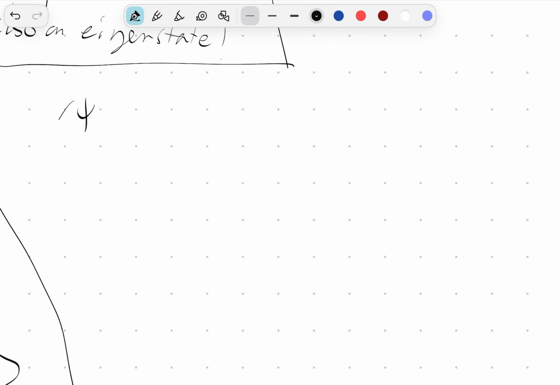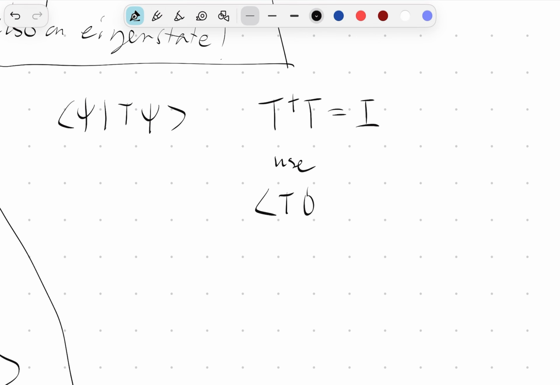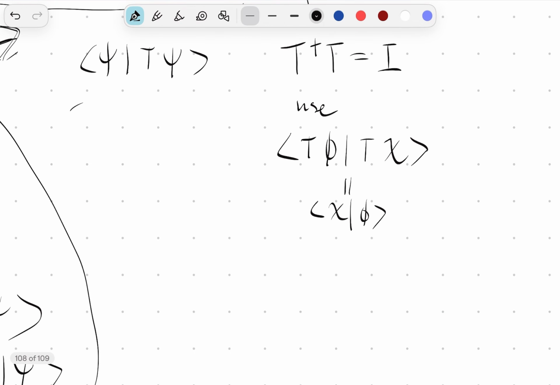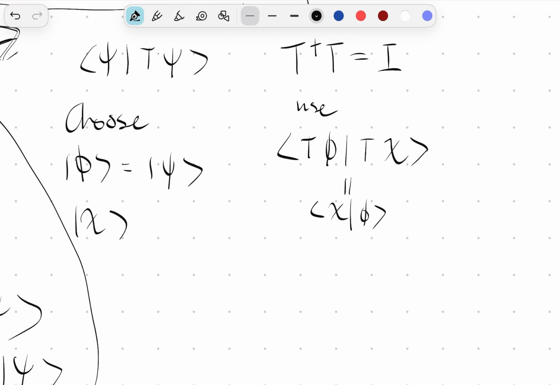let's try to evaluate this by inserting T dagger T is equal to I and use some dummy variables where we say that this is equivalent to chi, phi, and then we're going to want to choose a phi ket such that it's equivalent to the wave function, and a chi ket that gives us the time reversal operator.